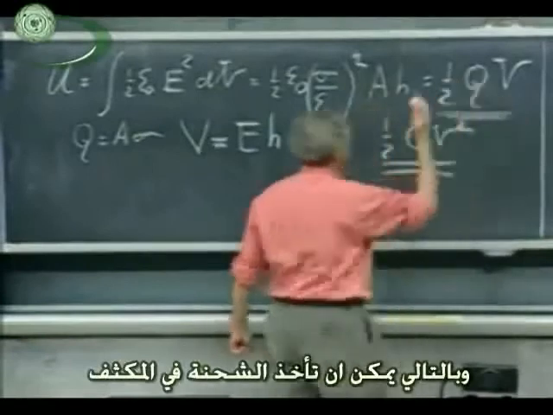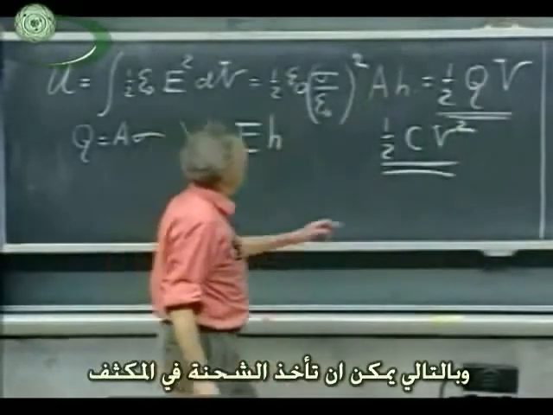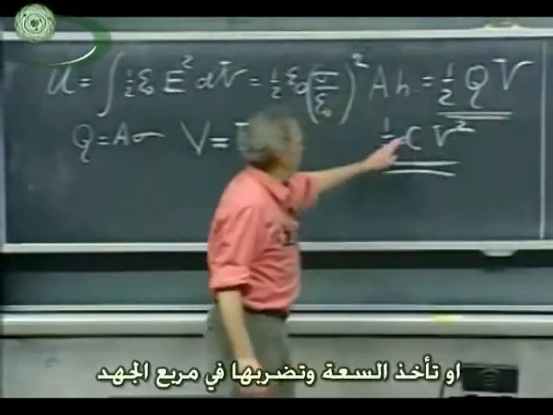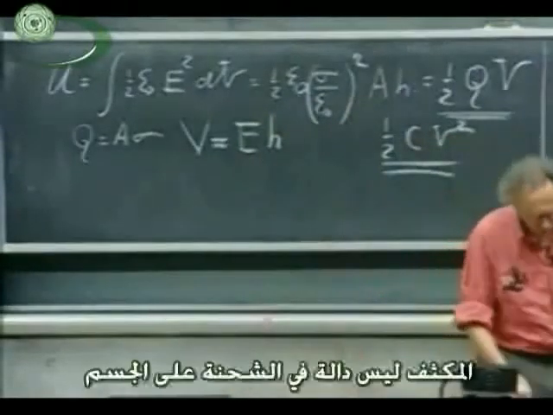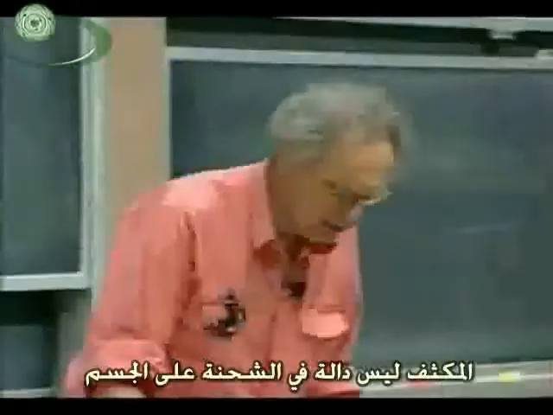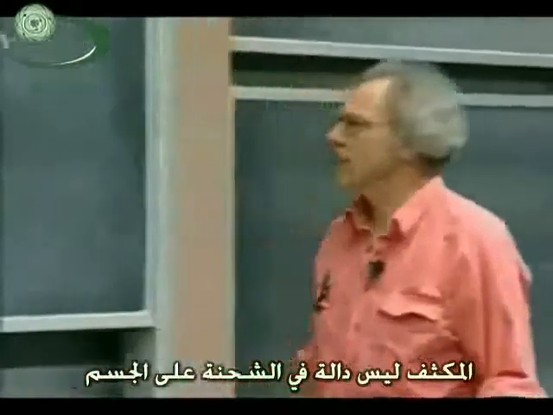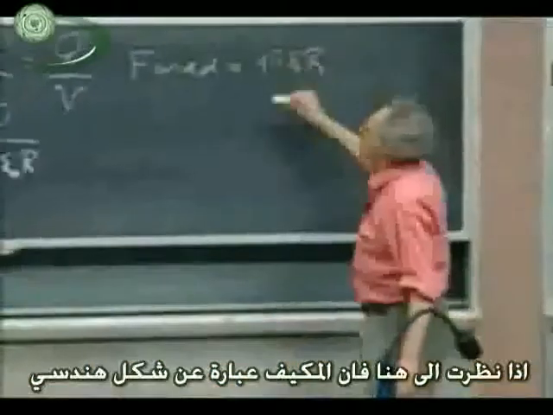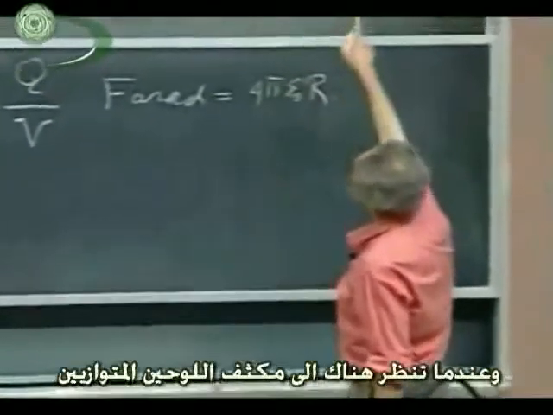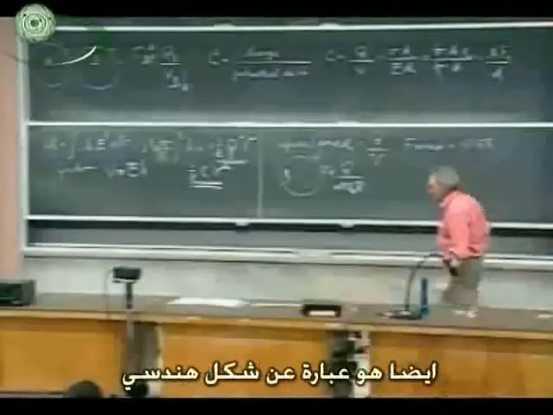So either you take the charge on the capacitor multiplied by V, or you take the capacitance multiplied by V squared. The capacitance is never a function of the charge that is on the object. If you look here, the capacitance is only a matter of geometry. And when you look there, the plate capacitor, it's only a matter of geometry.